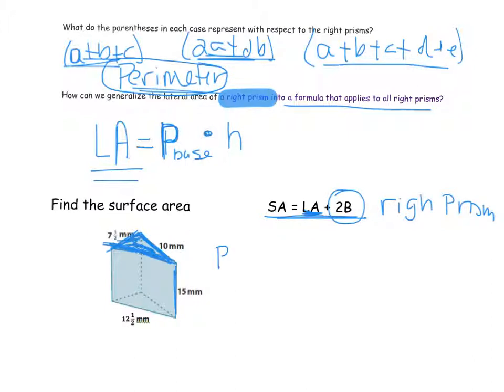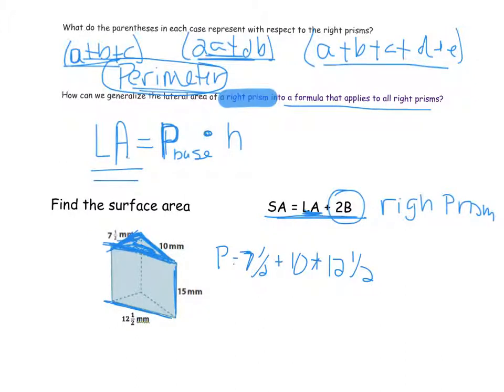I have a side that is 7.5 and one that is 10, and way down here, because it wasn't easy to write on here, is my other, 12.5.